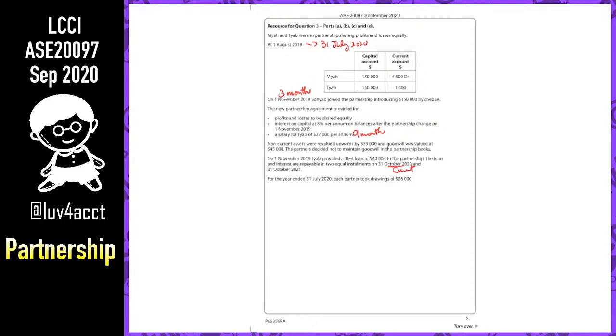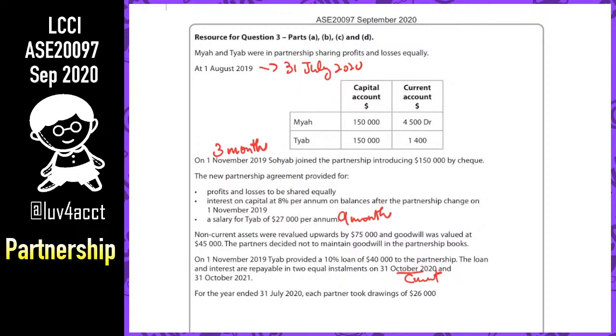Let us think of it first. Have the concept before we work on the actual ledger account. Partner T's opening capital balance is 150,000.